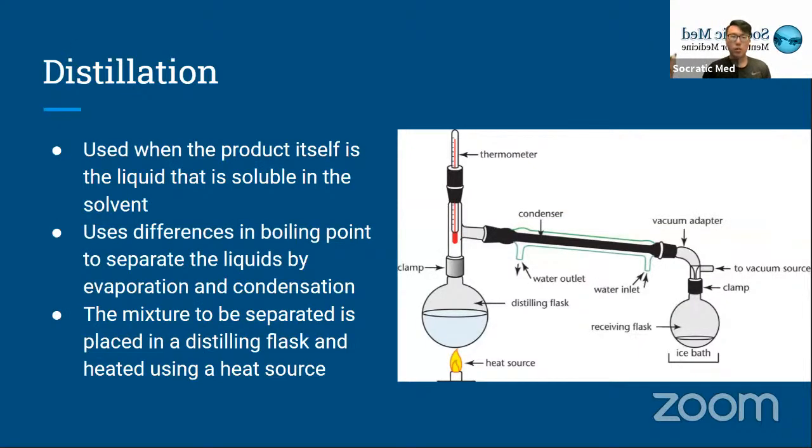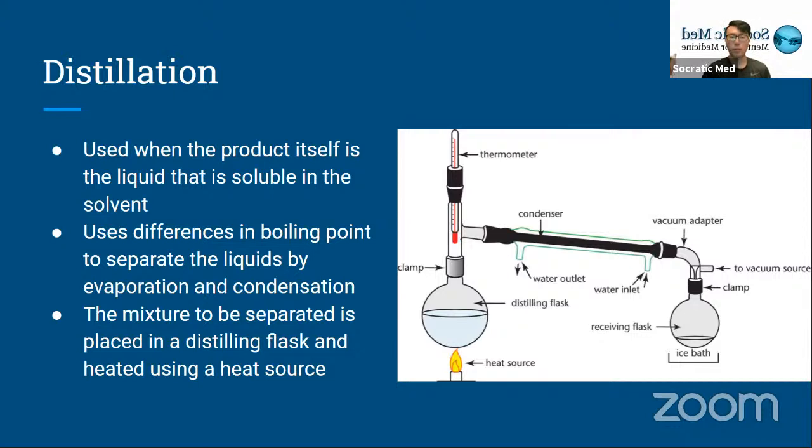So distillation is used when the product is a liquid that is soluble in the solvent. So this is when the product is soluble in the solvent, so you can't distinguish between the two liquids.